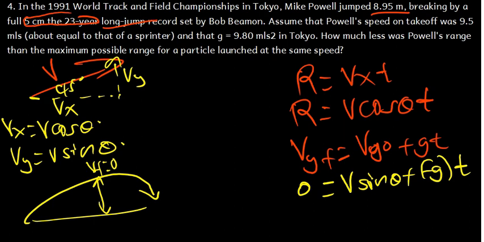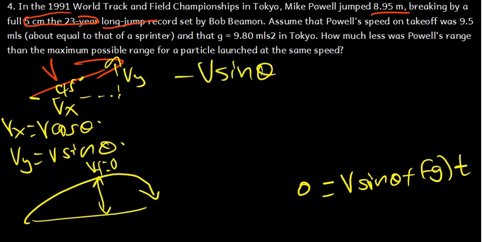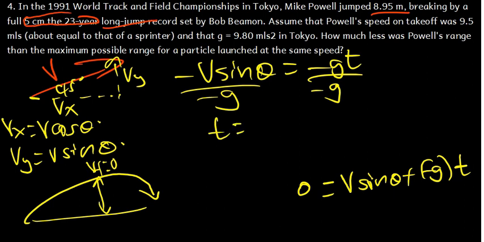I'm going to shift V sin theta to the left-hand side, so negative V sin theta is equal to negative gt. Let's divide both sides by negative g. Our t is going to be equal to V sin theta, everything divided by g.